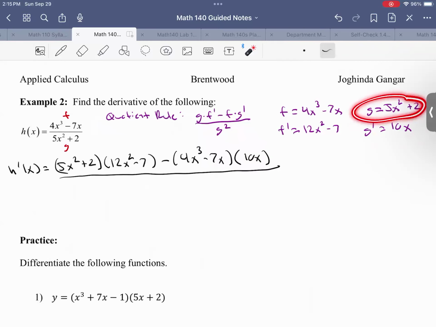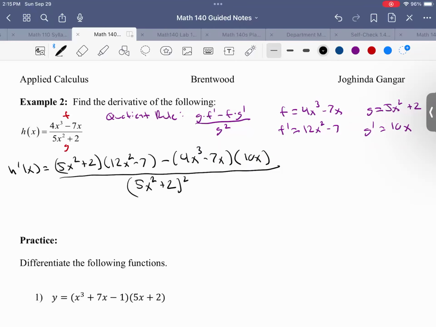So g squared would be 5x squared plus 2, squared. And that's our derivative.